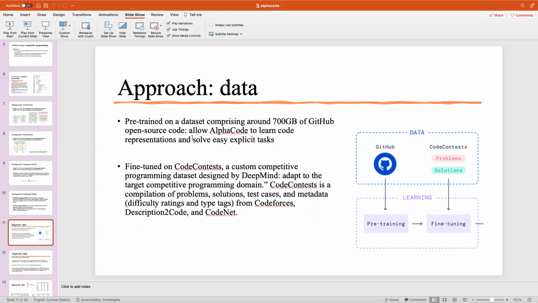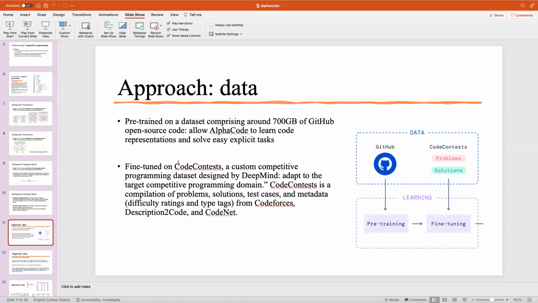And for the fine-tuning stage, the DeepMind team developed a new dataset called CodeContests. It's a custom competitive programming dataset designed by the team, and the objective of the fine-tuning is to adapt the model to the target competitive programming domain.